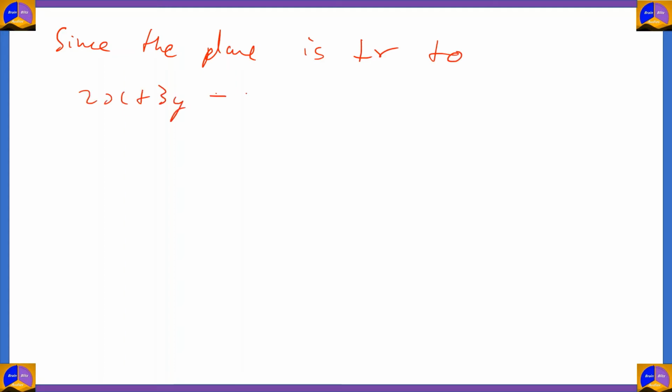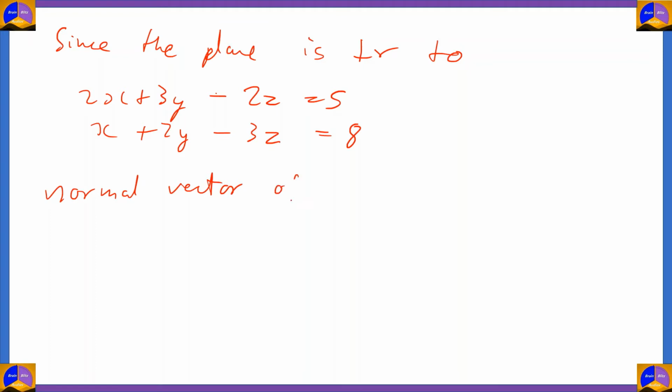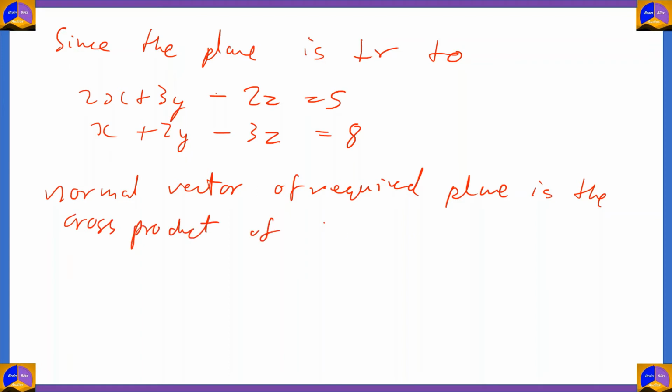So since our plane is perpendicular to the two other planes, 2x plus 3y minus 2z equals 5, and x plus 2y minus 3z equals 8, the normal vector of the required plane will be the cross product of the two planes' normal vectors.